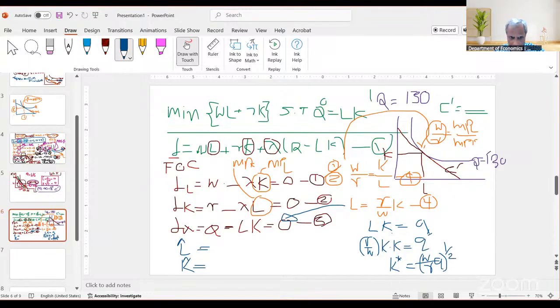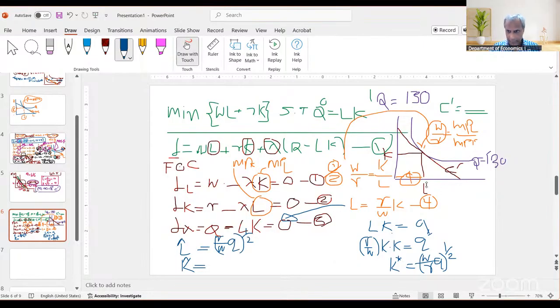Similarly, you can find the L also. Doing the exercise, you get the R W Q, so that you get.